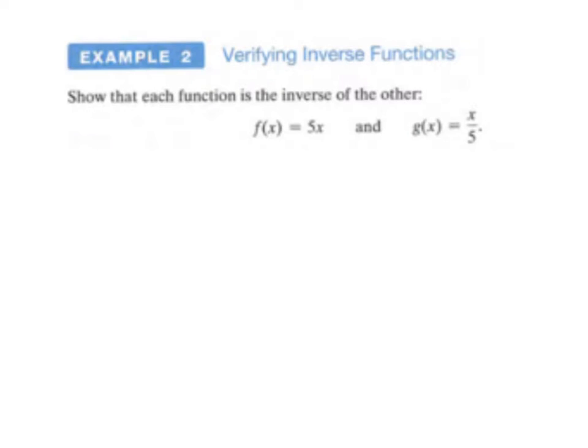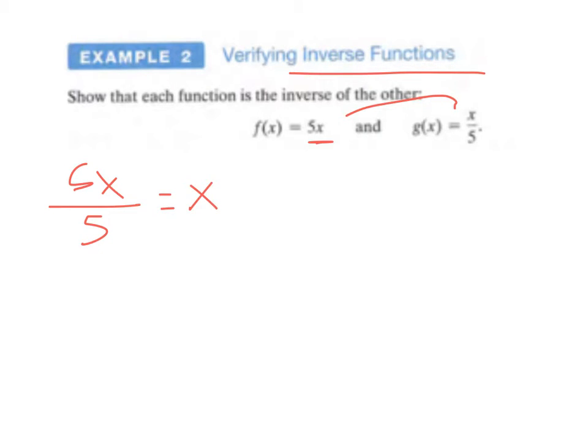Okay, verifying an inverse is just like doing composites. If we put one function into the other function and we get x, then we have an inverse. So if I take this and substitute it where I see the x, so it's going to be 5x, where the x is, 5, I get x.